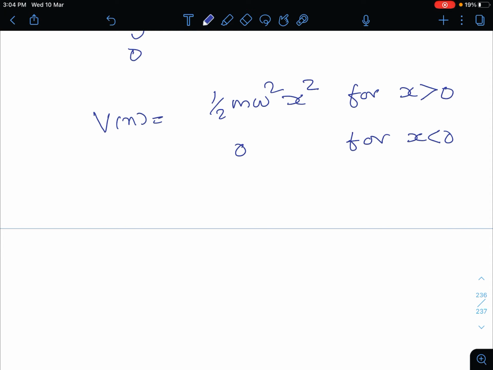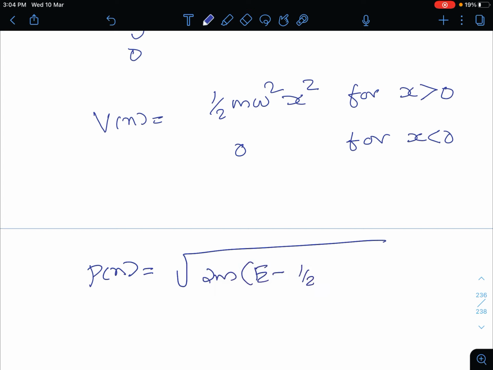Now in this case, we can write p of x is equal to root of 2m into E minus half m omega square x square, right?